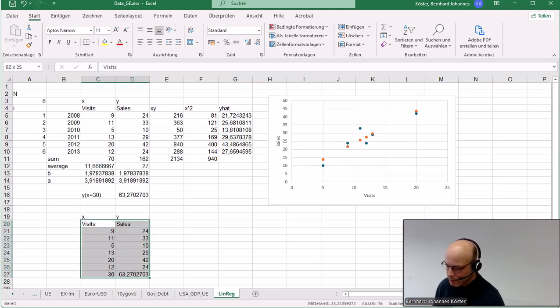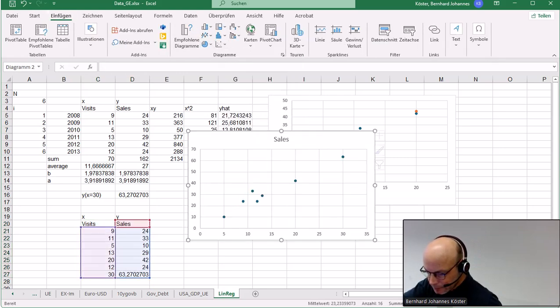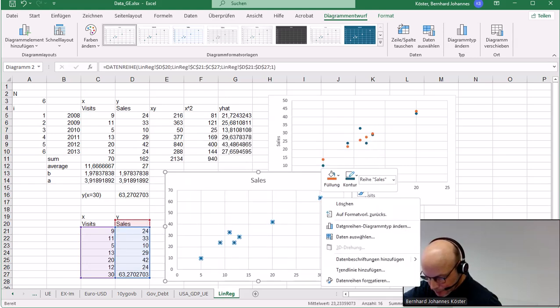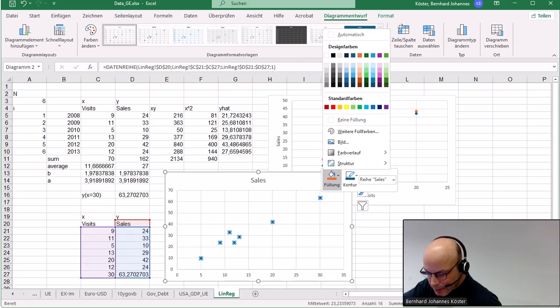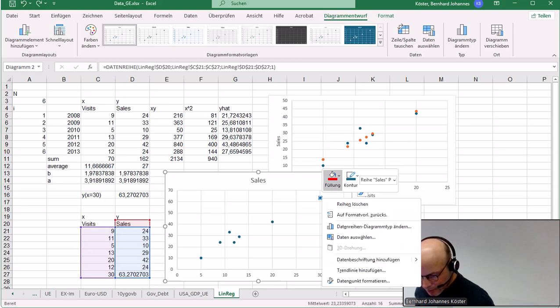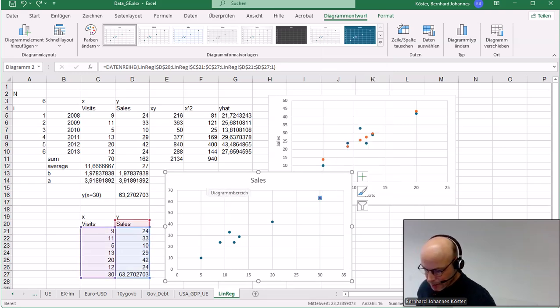And this would mean then, let's take this in red as our forecast. Only want this one to be red. Now it works.